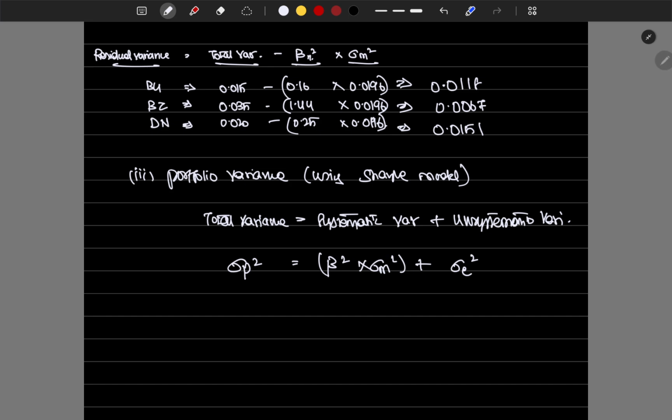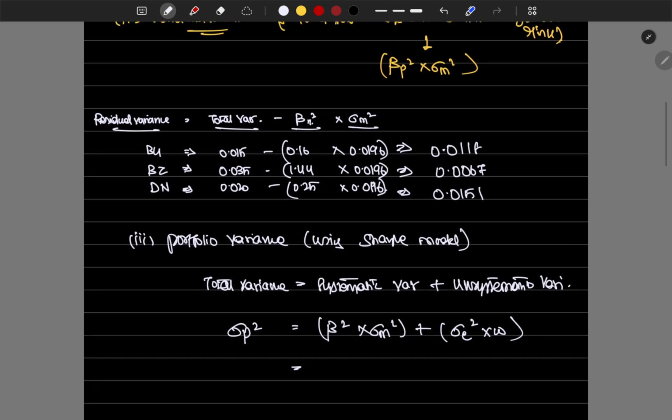We have also been given the weights, so we'll include the weights.